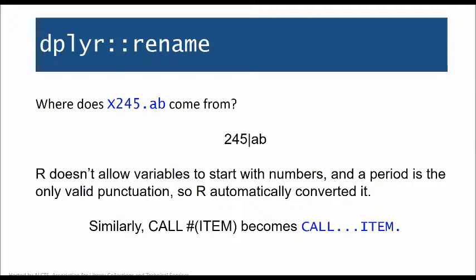When I initially extracted the data, it was 245ab, but R does not allow variables to start with numbers, so it put that x in front, and a period is the only valid punctuation, so it replaced that pipe with a period. That happened automatically when I used read.table. R automatically made its variable names what are called syntactically valid. It did that same thing with the call number: call space number item becomes call.number.item.